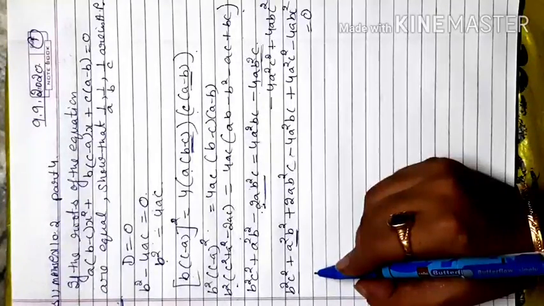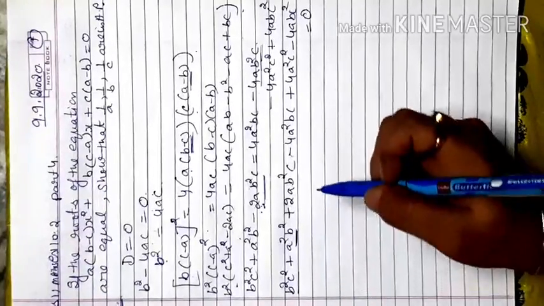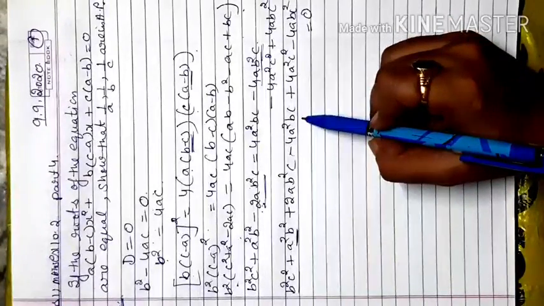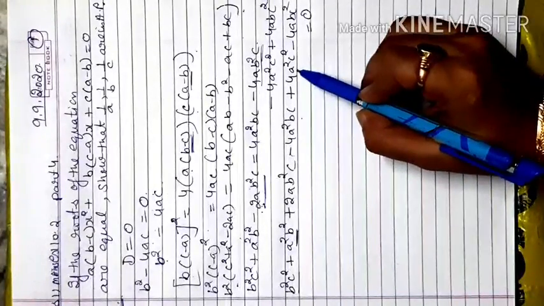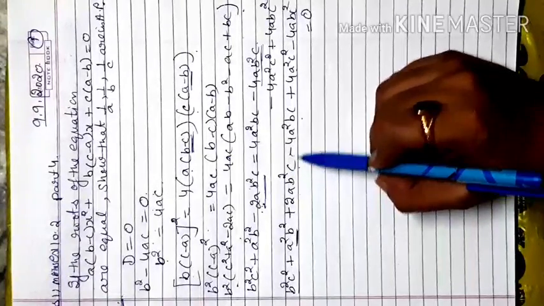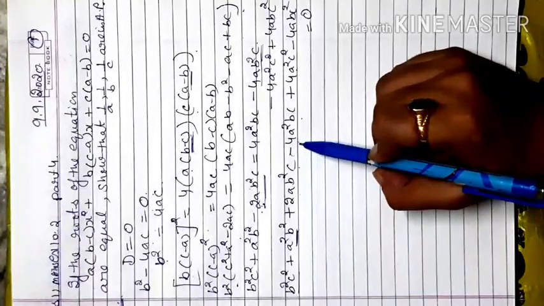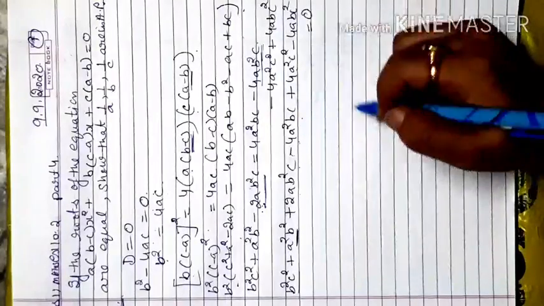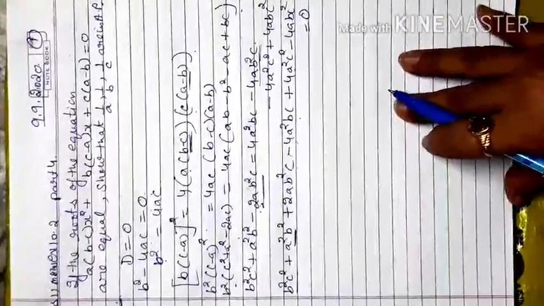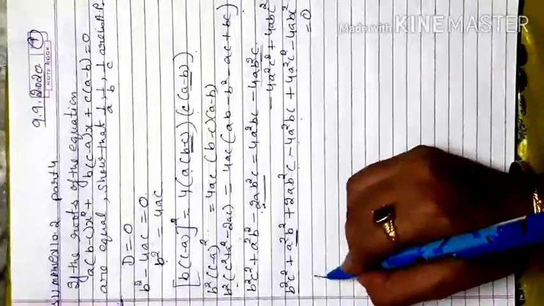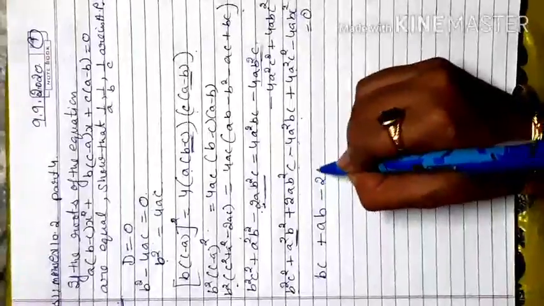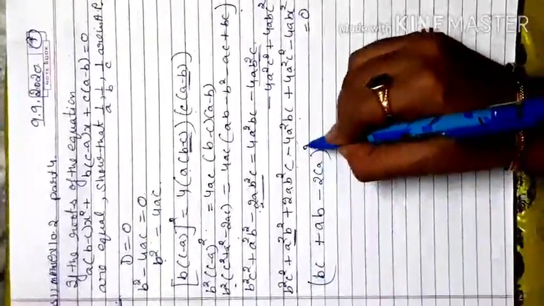Because we got here 4 terms, like 4a square c square, then plus 2ab square c, minus 4abc square, then minus 4a square bc. If you just look at this, that becomes the formula of (bc plus ab minus 2ca) whole square.